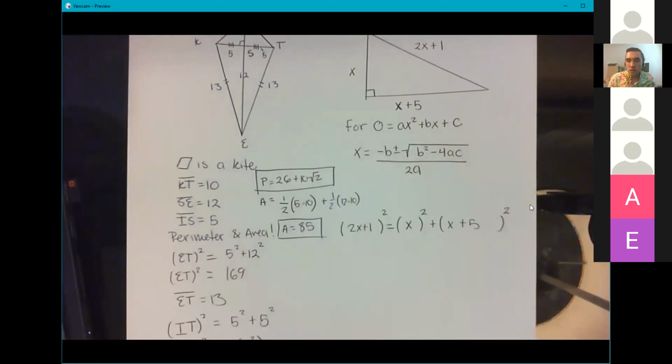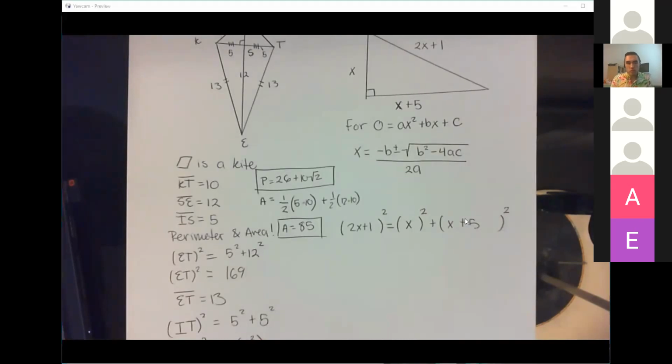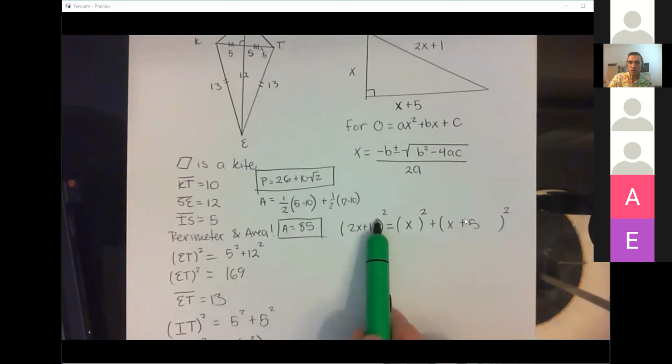So if we just take the bits and pieces off that triangle and plug them into the Pythagorean theorem, we get 2x plus 1 quantity squared plus x plus 5 quantity squared, which is how you read something like this. You say quantity whenever a parentheses ends. This is what we get from the Pythagorean theorem. Are there any questions just there?